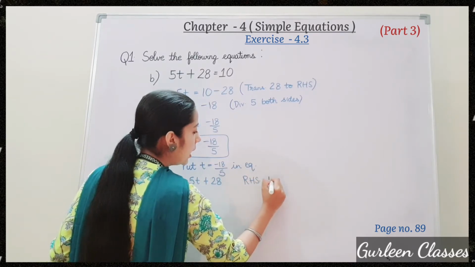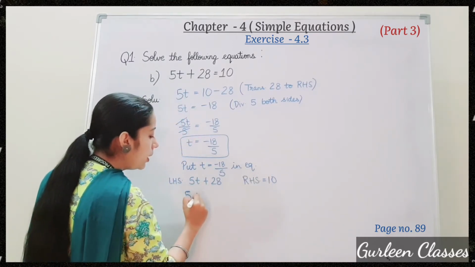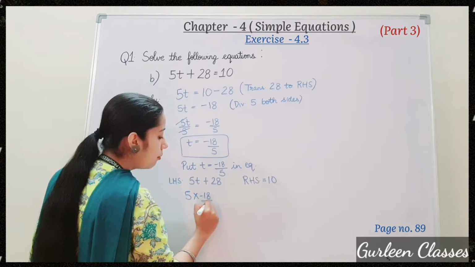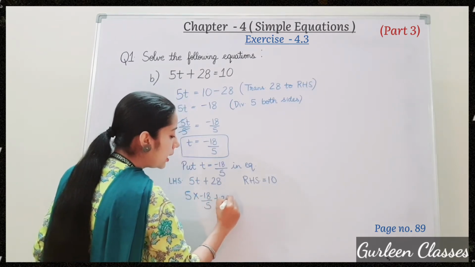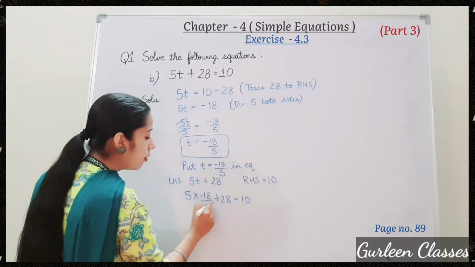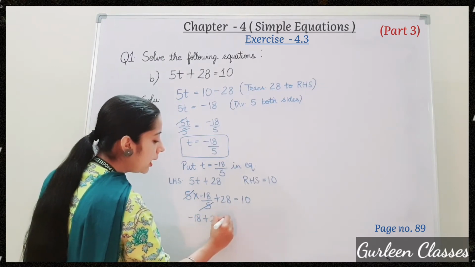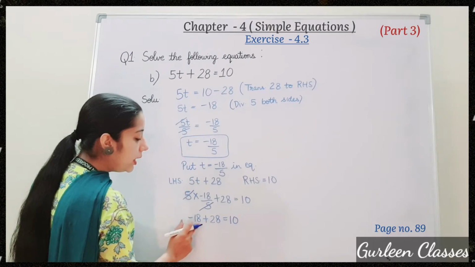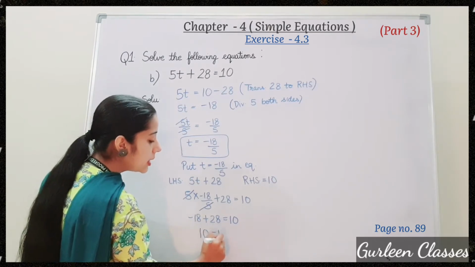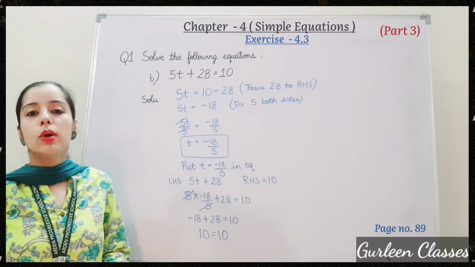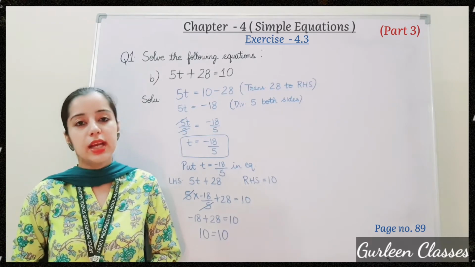RHS is 10. So 5 into minus 18 upon 5 plus 28 is equal to 10. The 5s cancel. Minus 18 plus 28 is equal to 10. 28 minus 18 is 10, so 10 is equal to 10. Both these sides, LHS and RHS, are equal.